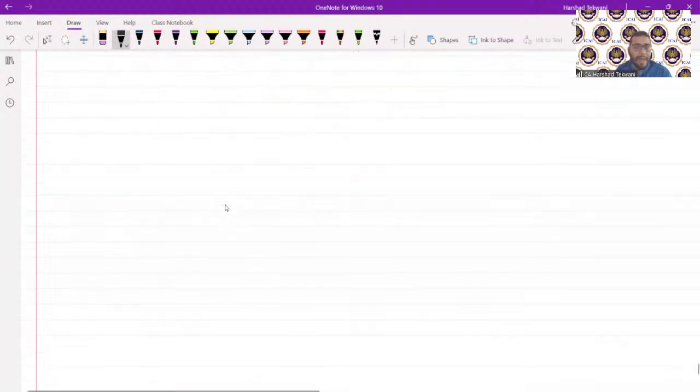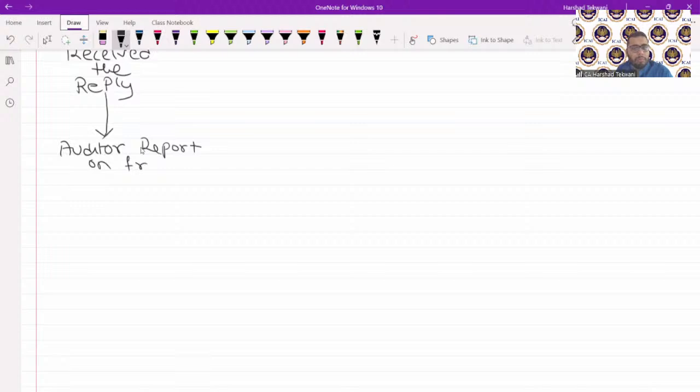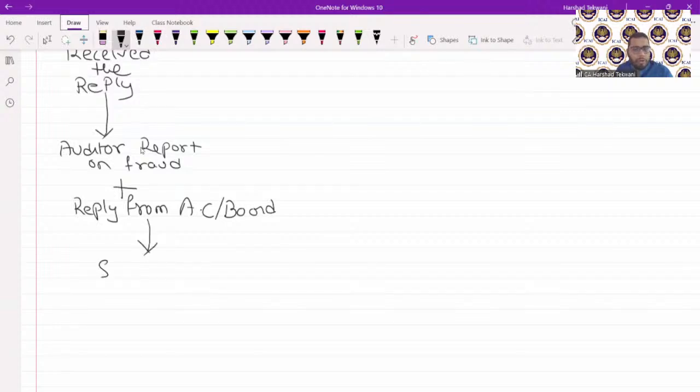If he has received the reply, then the auditor's report on fraud plus the reply from the audit committee or board is sent to the central government.